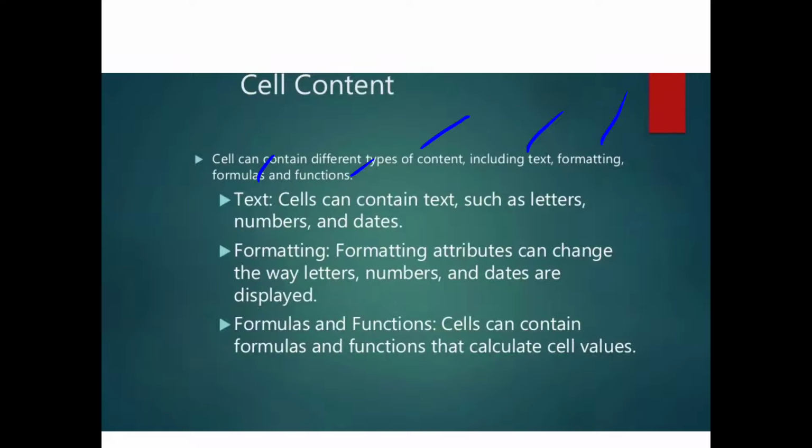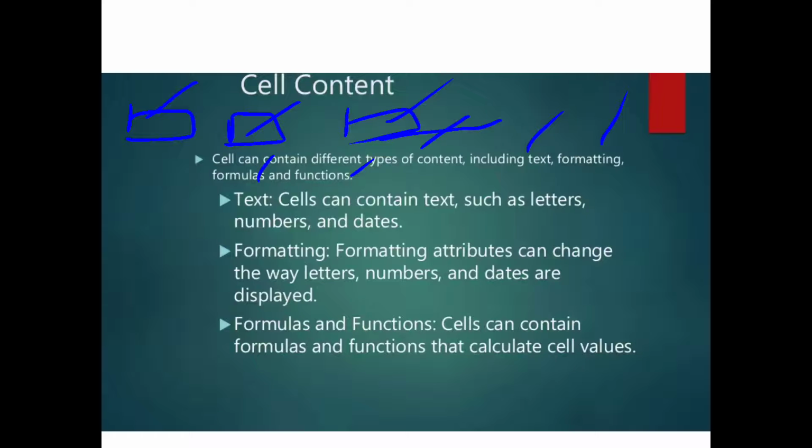In that, a cell can contain different types of contents. In one cell it is text, in another cell it is formatting, formulas, and in another cell it is functions. Like that, different types of cells we can create.